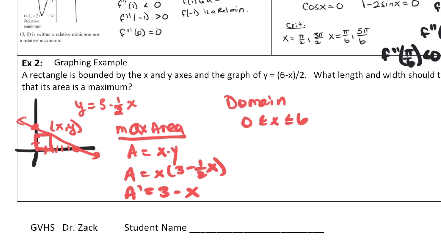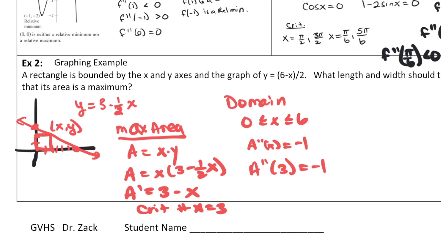So A double prime is very conveniently equal to -1, and the critical number is going to be x equals 3. And A double prime at 3 is also -1.